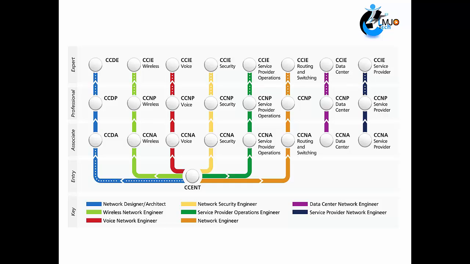Design Professional is 3 exams. You really need to pass those 3 exams in order to become Design Professional. After having the certification for Design Professional, you will have the knowledge and concept of designing a network for enterprise level businesses. After that we have the Cisco Certified Design Expert.